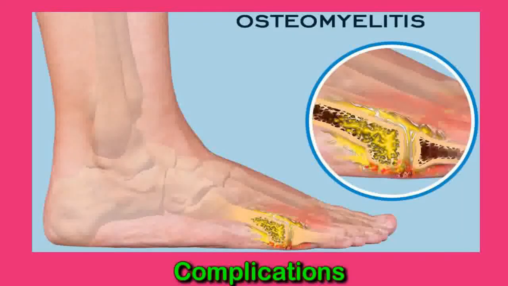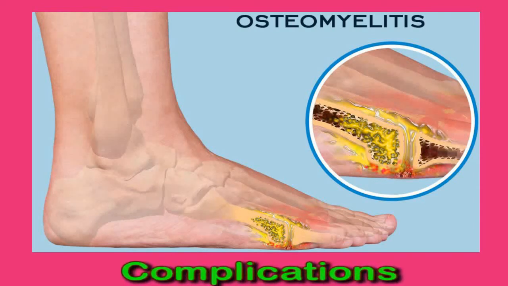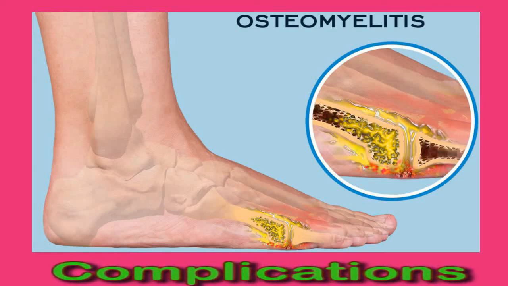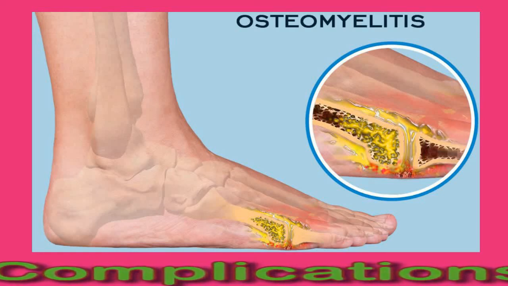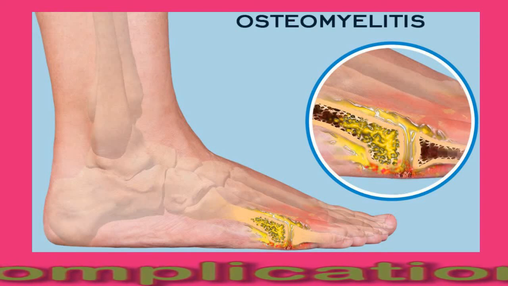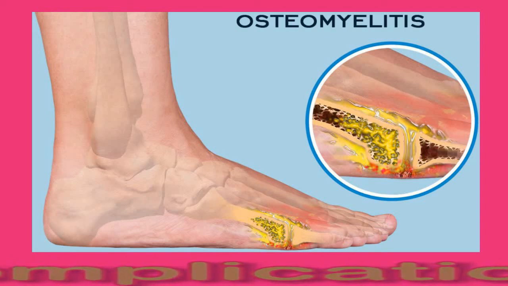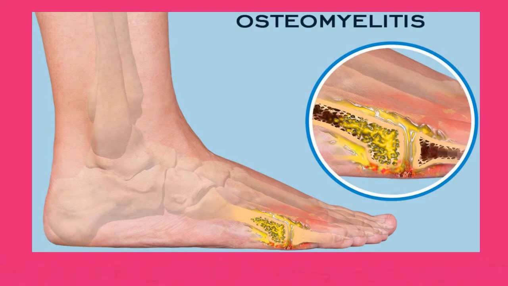It can also lead to an infection in the bone called osteomyelitis. How this damage impacts a person's life depends on which joints have been affected. For example, damage to a knee joint can affect a person's ability to stand or walk. However, surgery can usually treat this type of damage.